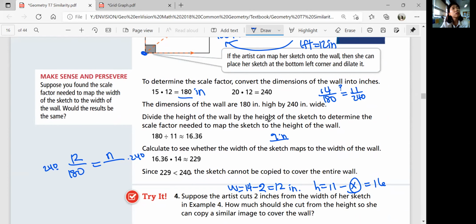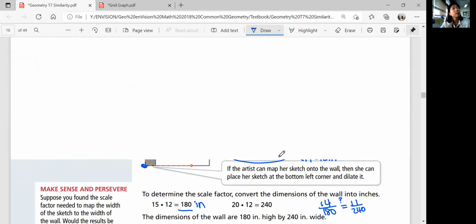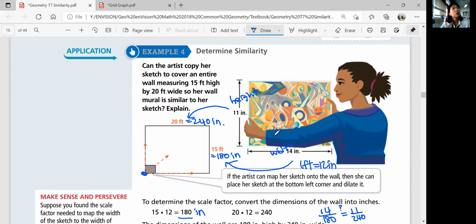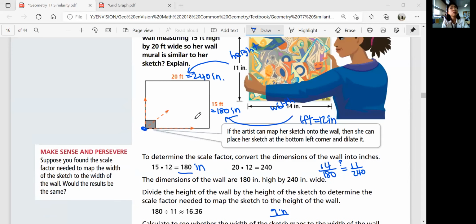Wait, do we need to switch? Okay, maybe. Oh, I see.